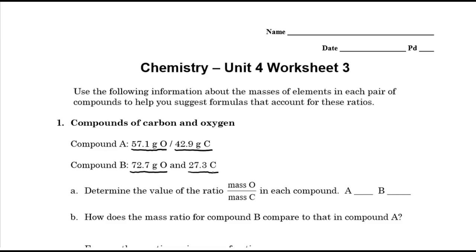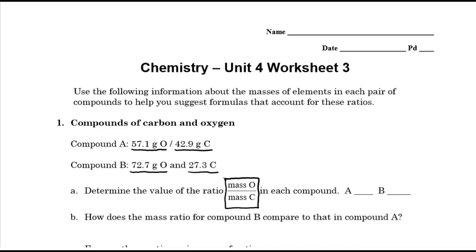So the fact that we can have two different compounds of carbon and oxygen really shouldn't come as too big a surprise. The first thing we're asked to do is to determine the value of the ratio mass of oxygen divided by mass of carbon in each compound. So we right now need to do this. You might want to pull out your calculator to verify that my math is correct. You'll need a calculator for the rest of the worksheet, but I'll show you how to do this.